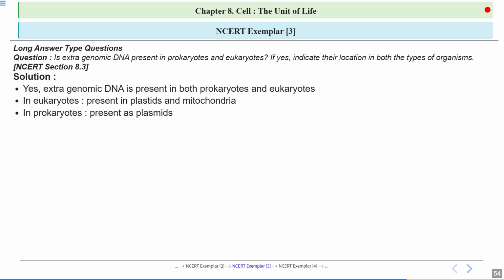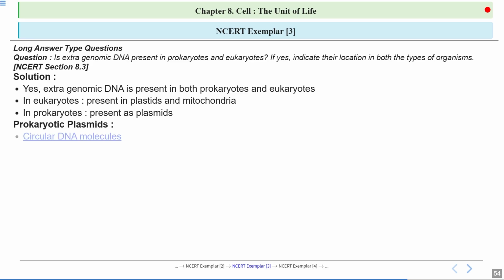In prokaryotes like bacteria, in addition to the genomic DNA, you have the plasmid as well, which is again a small circular double-stranded DNA. Plasmids are also used as a vector in biotechnology. Clear?